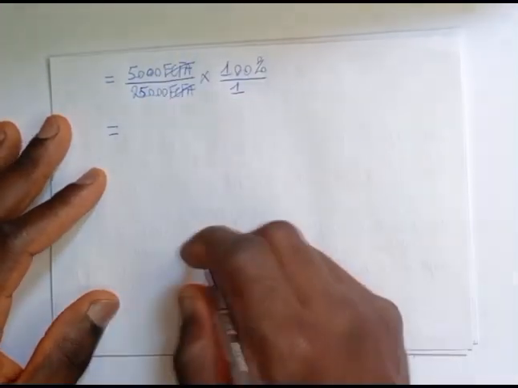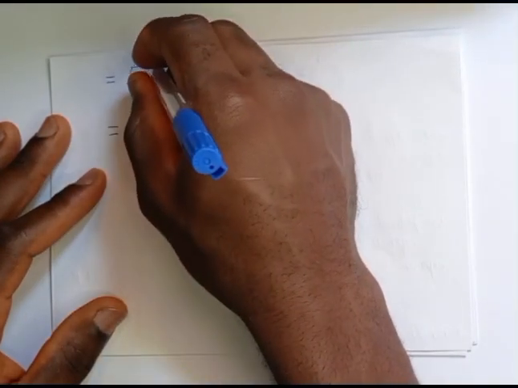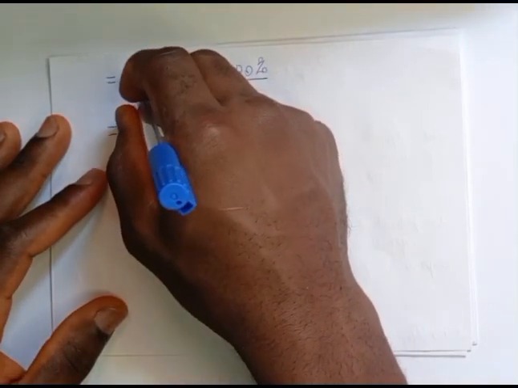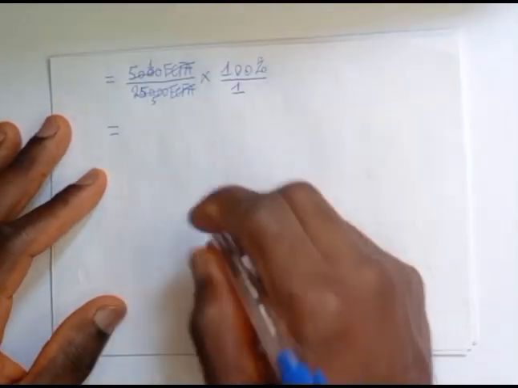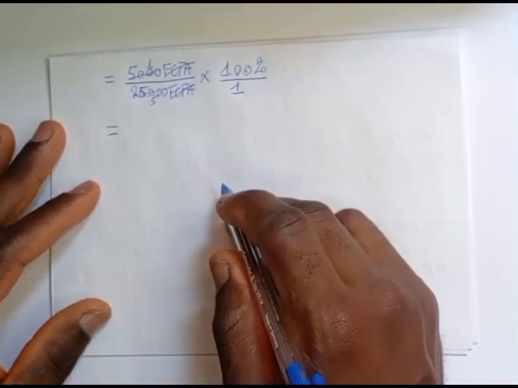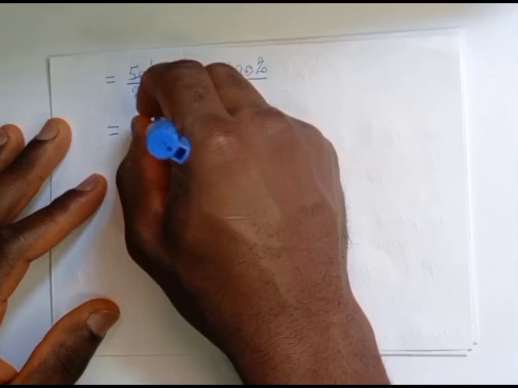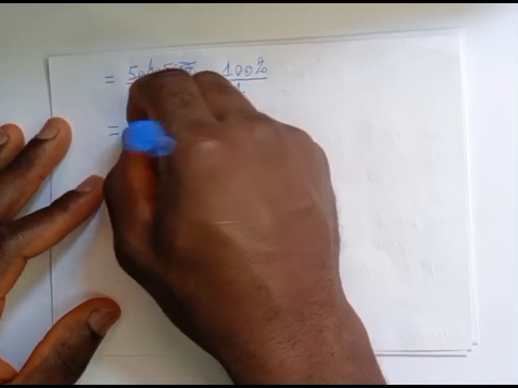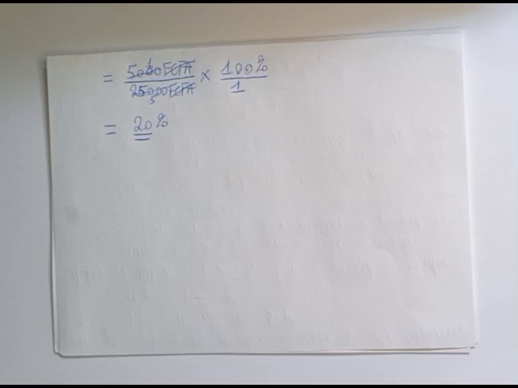The francs CFA will strike off francs CFA. 5,000 will go into 5,000 one time, 5,000 will go into 25,000 5 times. 5 will go into 100 20 times, and this will simply be equal to 20%. This is the percentage profit made from the bag of rice.